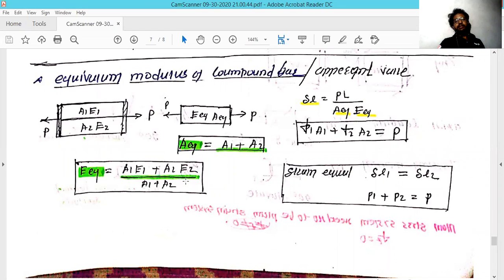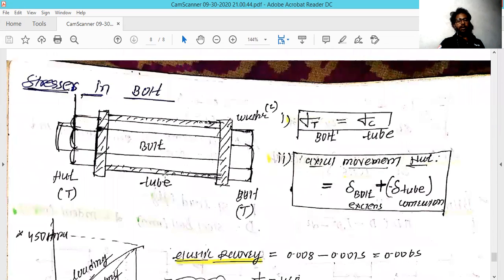So the total force is the force held by the first material plus the force handled by the second material, equal to the total force applied on the end of that rod.